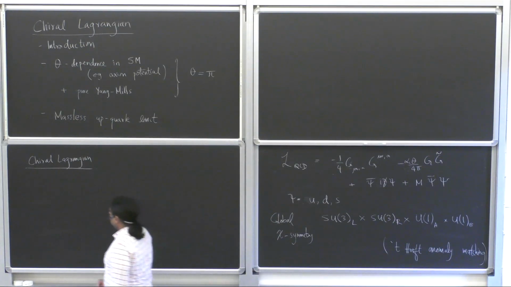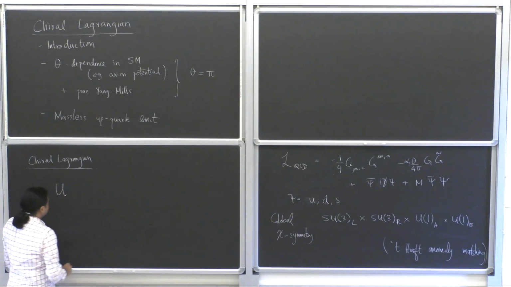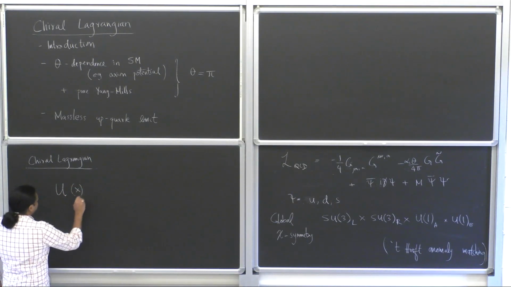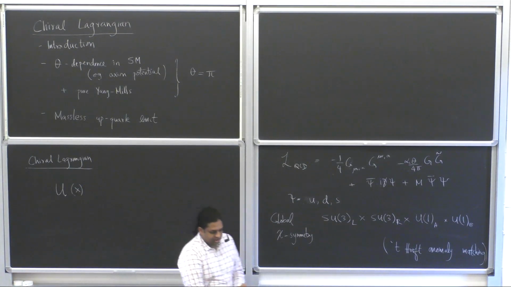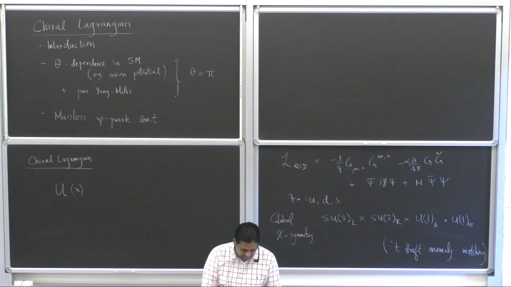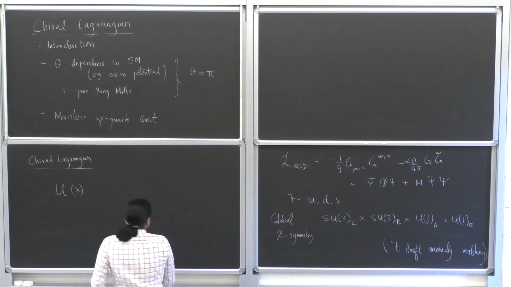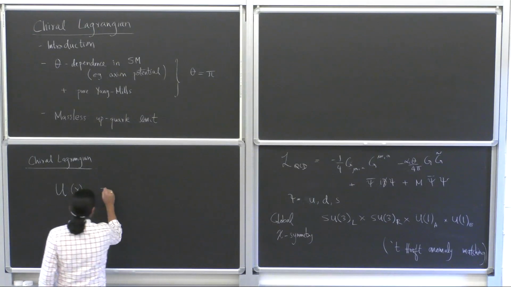Okay, so the chiral Lagrangian is parameterized by this 3x3 matrix field written as U, and so let's write it down.